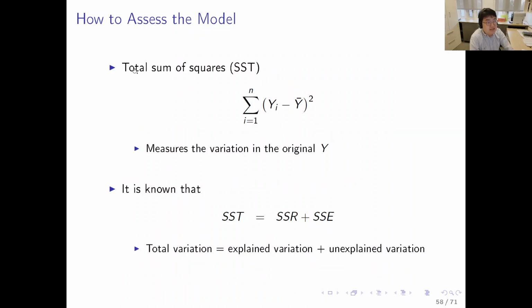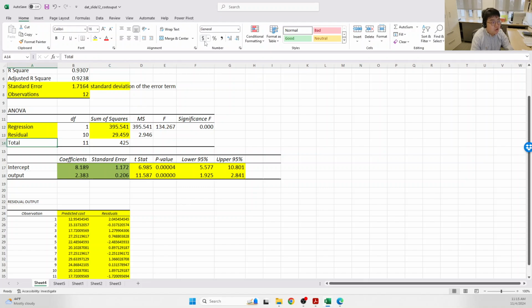And the third is the total sum of squares. This is the variation in the original outcome, right? Remember, the original outcome was decomposed into explained and unexplained. So this is the total variation in your original observations, which is also given here, right? Total sum of squares was 425.